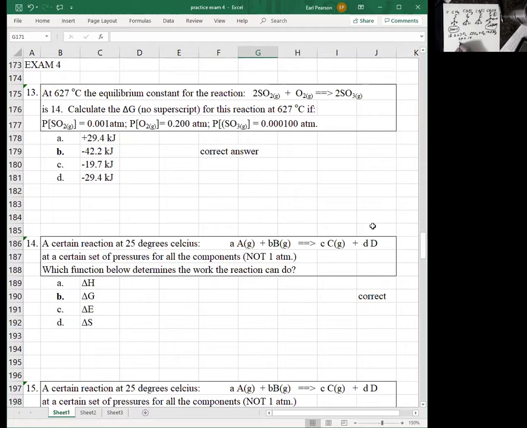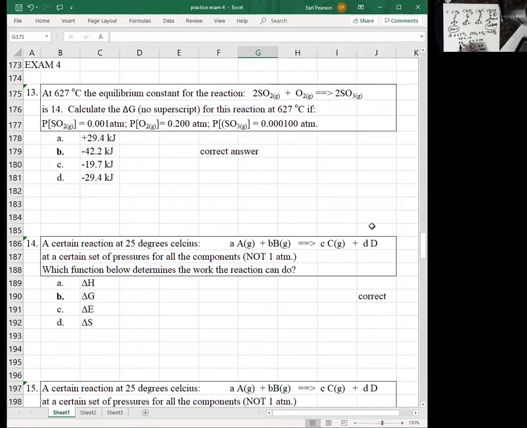Calculate delta G, without the superscript, at the same temperature when the pressure of SO2 is 0.001, the pressure of the O2 is 0.20, and the pressure of the SO3 is 0.0001.